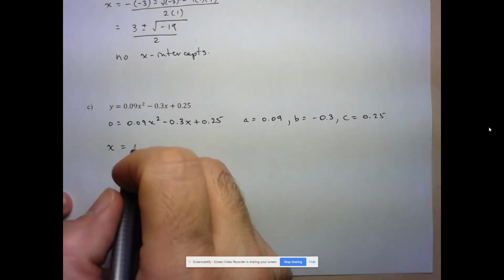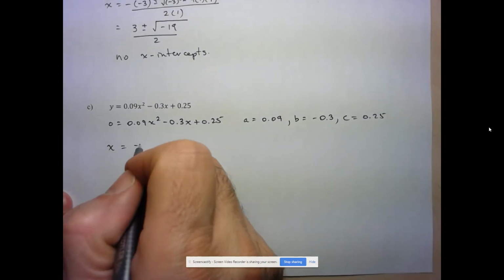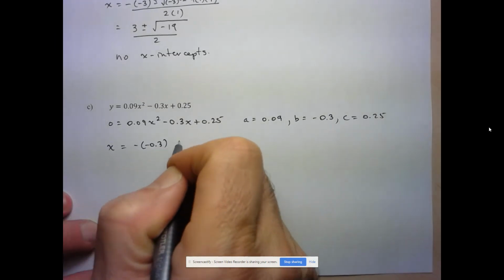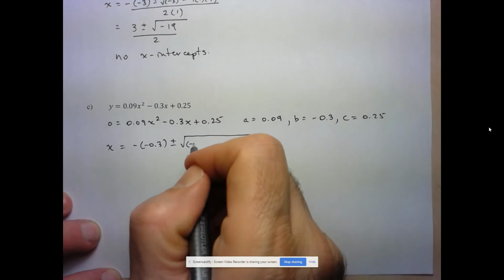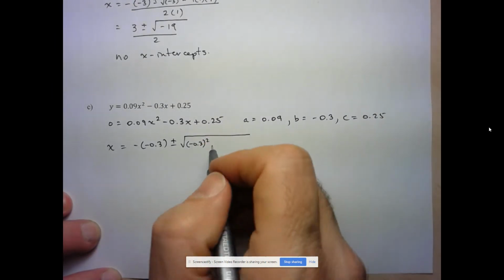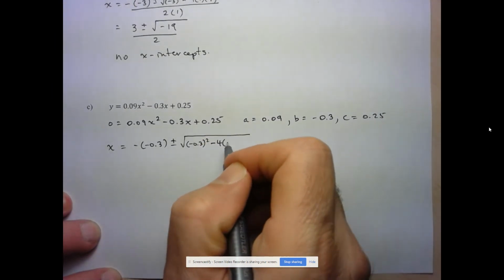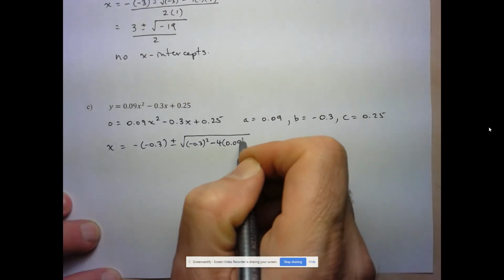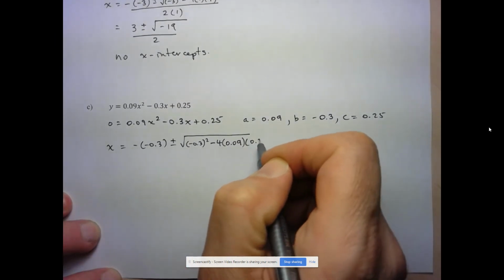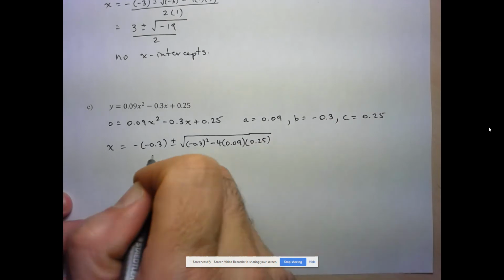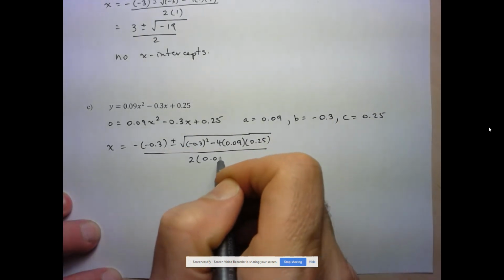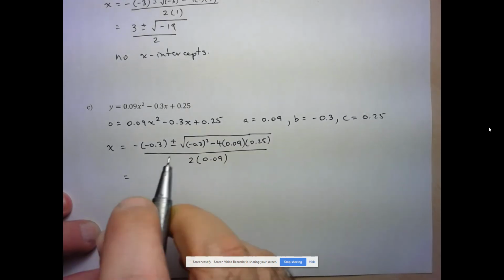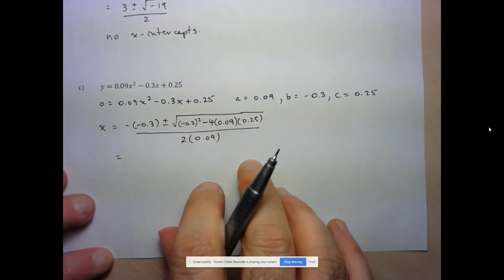So x is equal to negative b, so negative of negative 0.3, plus or minus the square root of negative 0.3 squared, minus 4 times a, which is 0.09, times c, which is 0.25, all over 2 times a, which is 0.09.